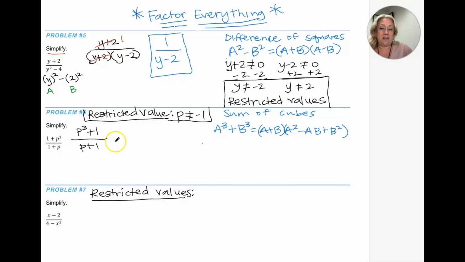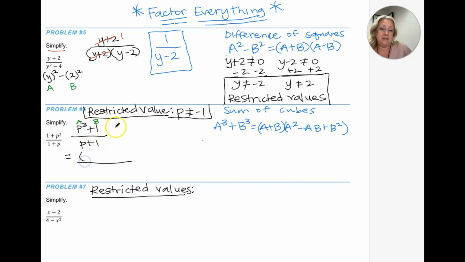All right, now let's factor that so we can see what we will have here. So p cubed plus 1, that means that our a is going to be the p, and the b is going to be 1. In the first parenthesis, a plus b, that means I'm going to have p plus 1, because it's the p that is our a, and the 1 that is our b.